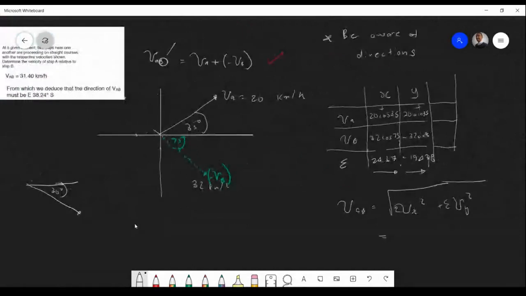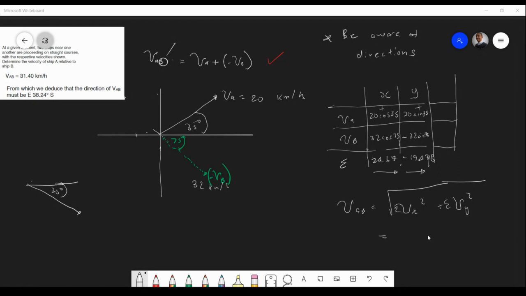I'm not getting my answer here. Where did I mess up? So it's 20 cos 35. What answer do you guys get? 32 cos 75, 24.67, 20. Yeah, I don't know. We have made a mistake. 20 sine 35 minus 32 sine 75. It's probably there.